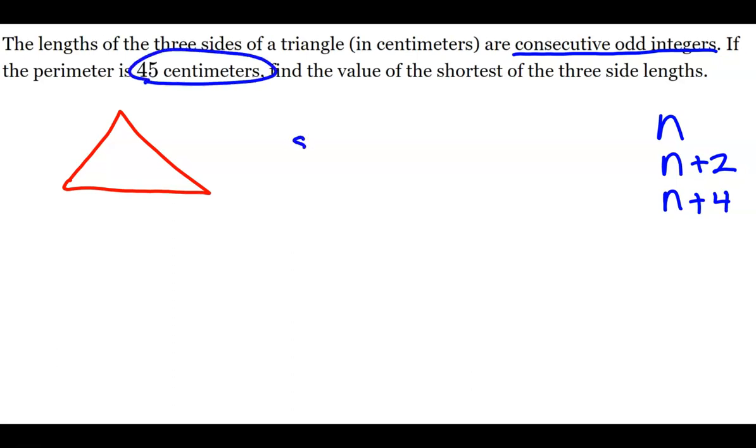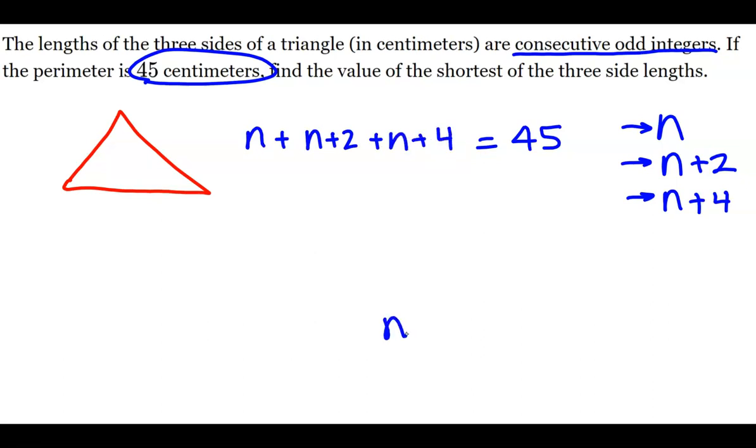So side number 1 plus side number 2 plus side number 3 has to equal 45 centimeters. So these are the translations for sides 1, 2, and 3. So I'm going to replace these markings with the first side, the second side, and the third side.